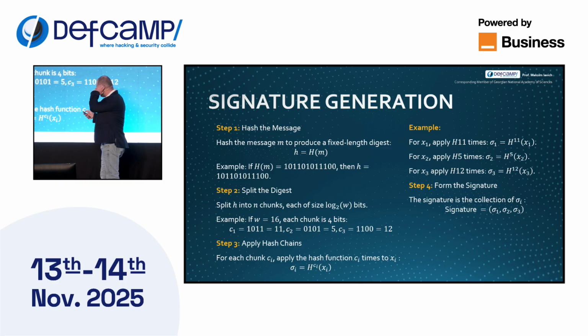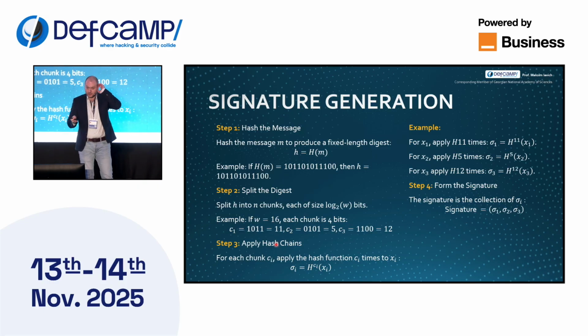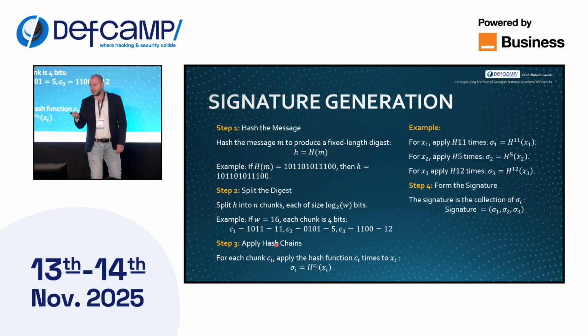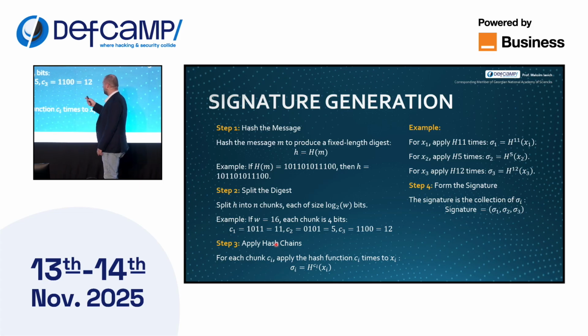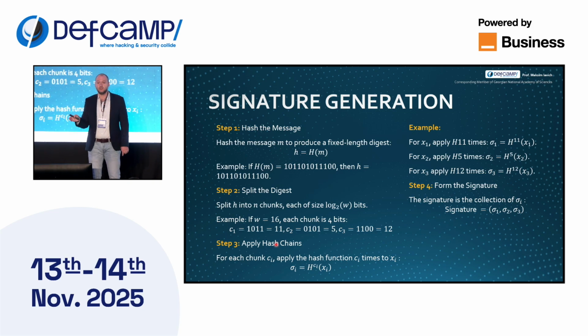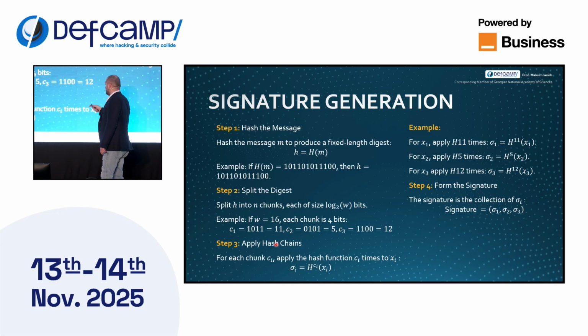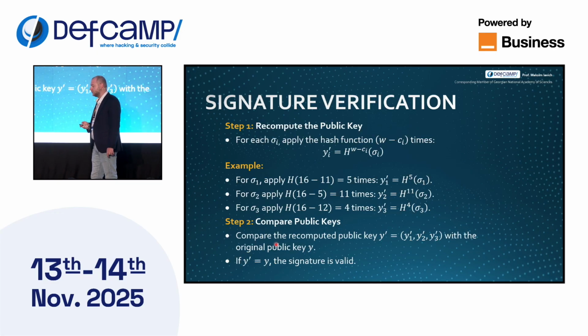And as you can see, for C1, the decimal version of it is 11. So to get the corresponding signature part, we hash the signature key 11 times. For the second part of the signature, we hash the second signature key 5 times, and so on.